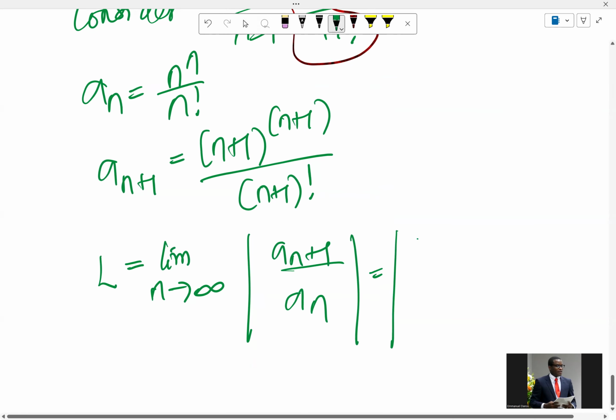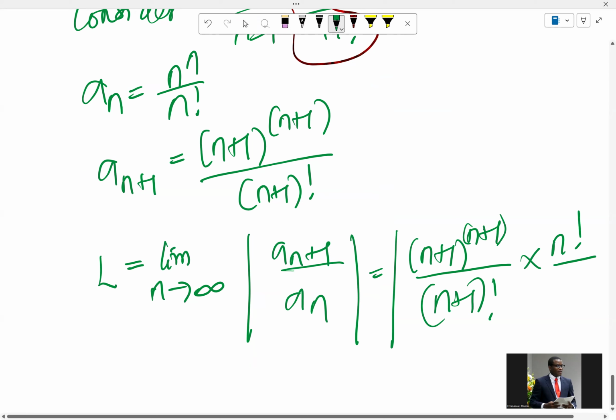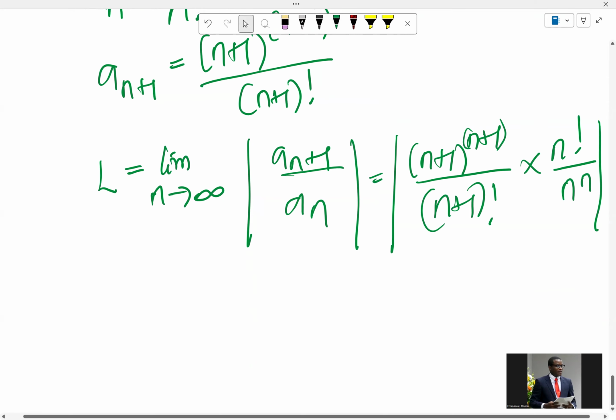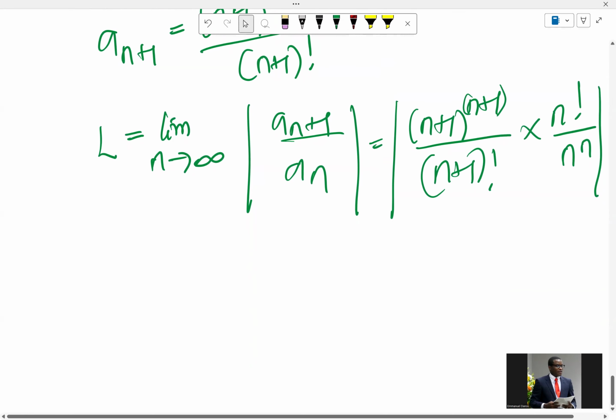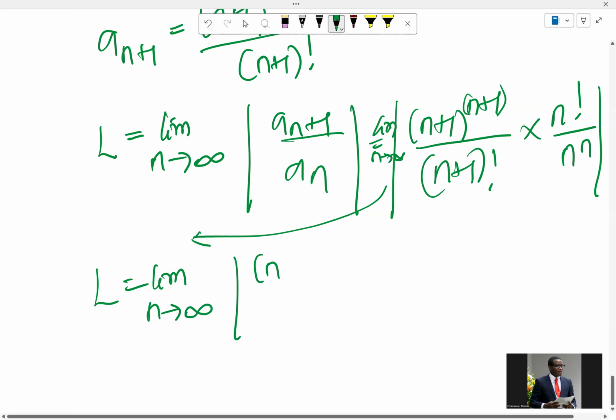So a_(n+1), you can already see that's n plus 1 raised by n plus 1, all over n plus 1 factorial, divided by a_n, that is times n factorial all over n raised by n. Okay. So clearly this can become this next. Keep writing the limit until you substitute. So we have the limit as n approaches infinity of n plus 1.